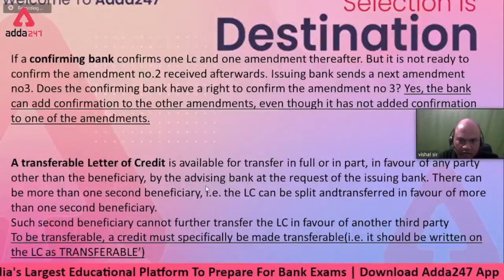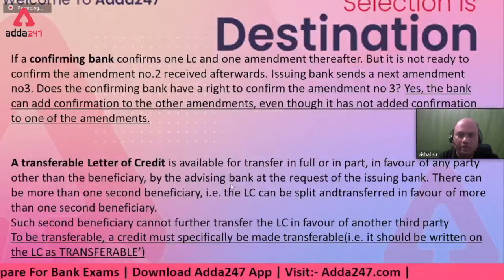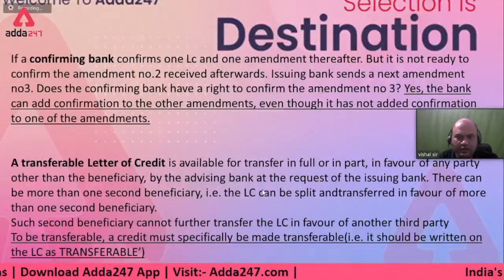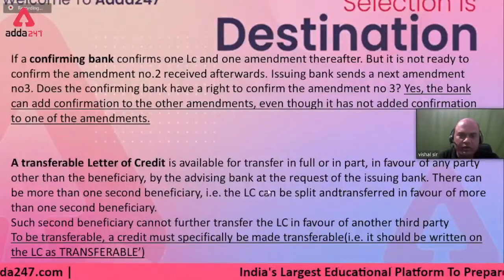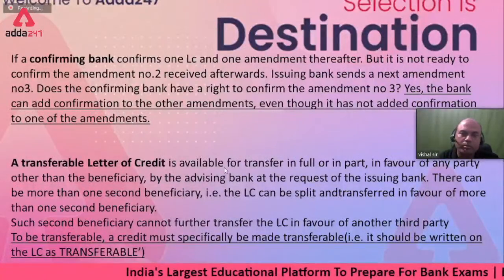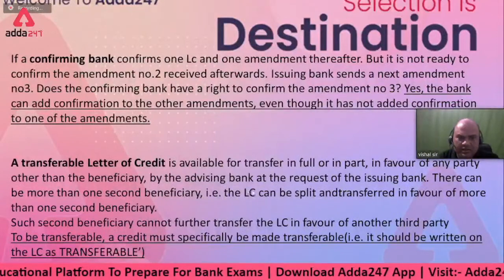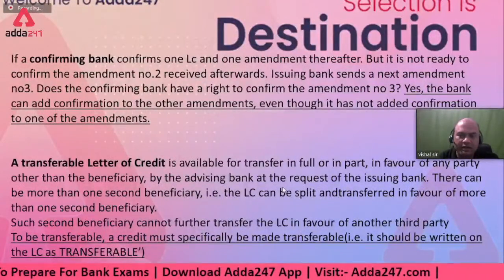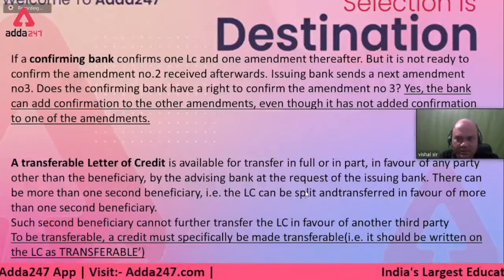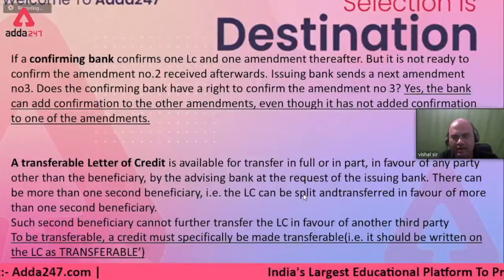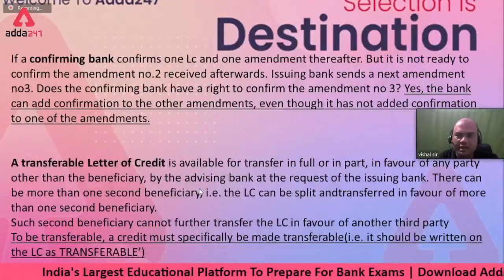Remember this sentence very clearly and keep it in your mind. An LC can be transferred from the first beneficiary to many second beneficiaries. Many. One LC can be split and transferred to, let's say, even 100 second beneficiaries. Generally it's not done in 100, it's 2 or 3. But even 100 second beneficiaries, it can be transferred.